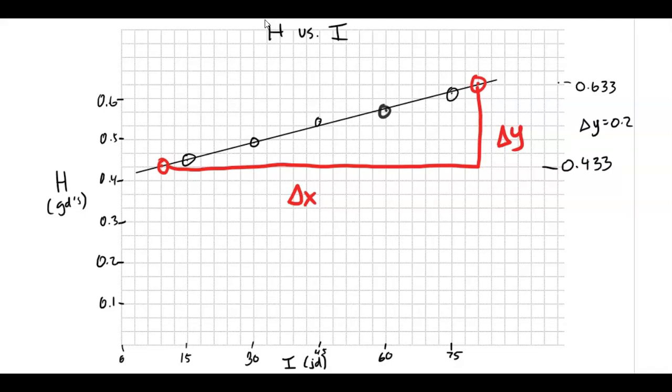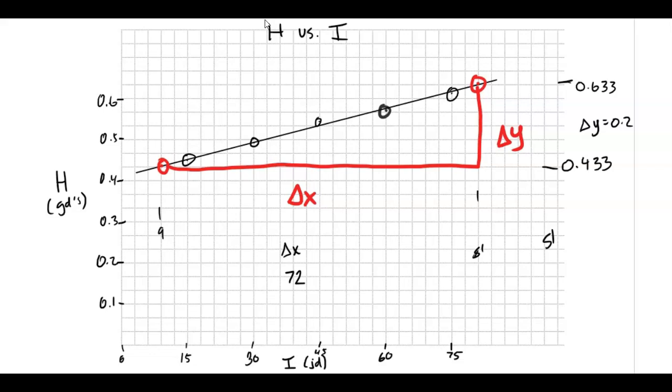You may remember this from y2 minus y1. It's a change in y. Here, we're going from a value of 9, 75, to a value of 81. And so your delta x, the difference between those two, is 72.